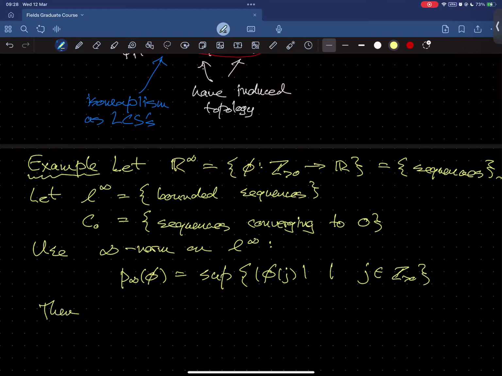So then C0 certainly is a subspace of L infinity. And it's closed, in fact.